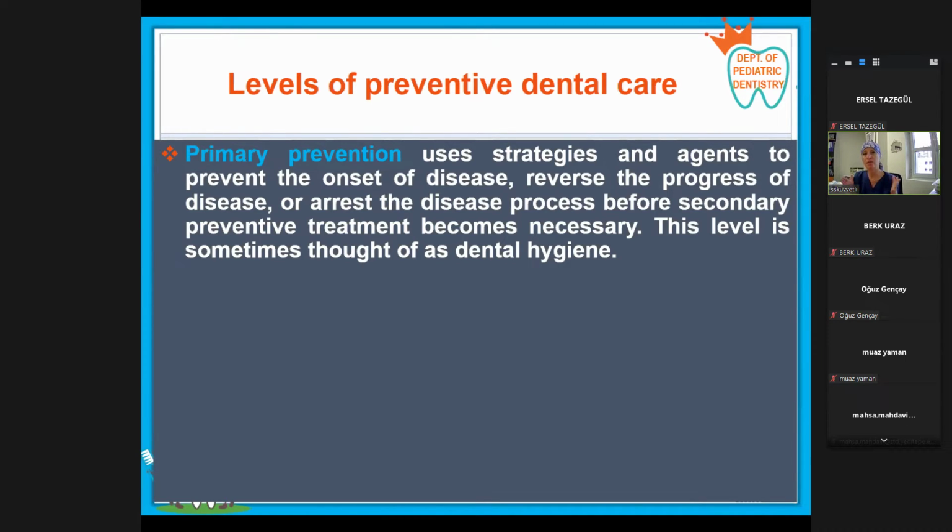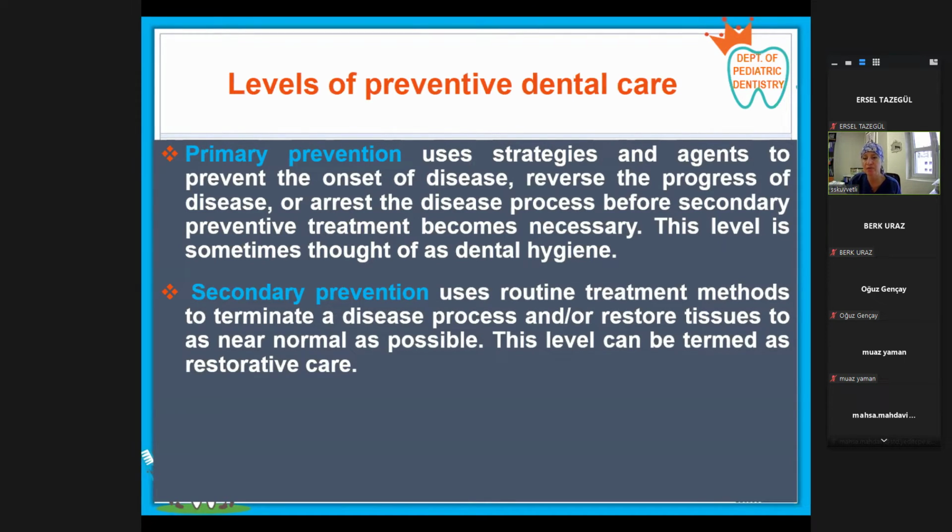So when we first see the patient, they don't have the disease, we try to give information for nice and correct dental hygiene, and we try to give some prophylaxis, cleaning of the teeth, and there are many examples for primary prevention.